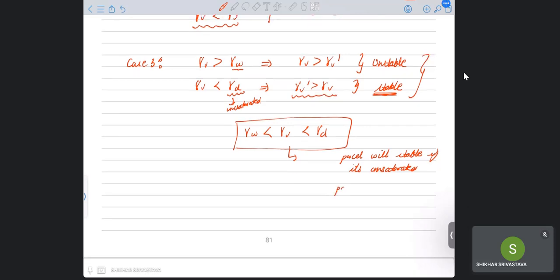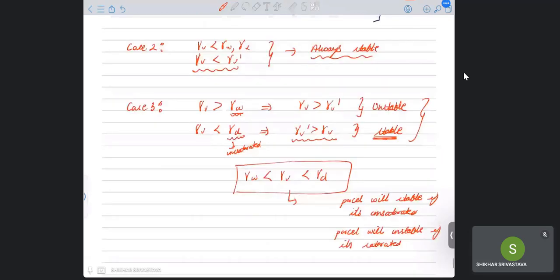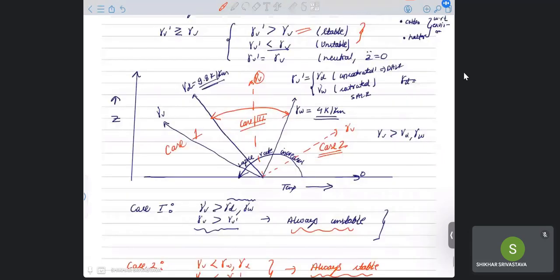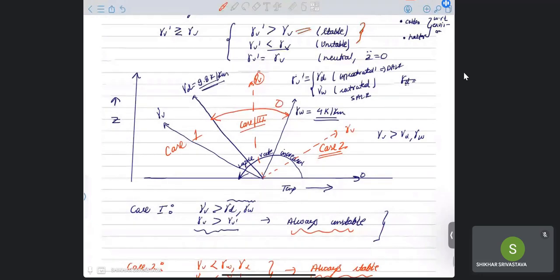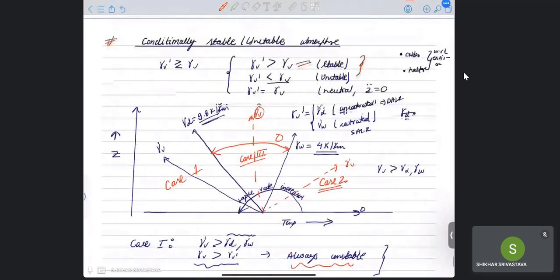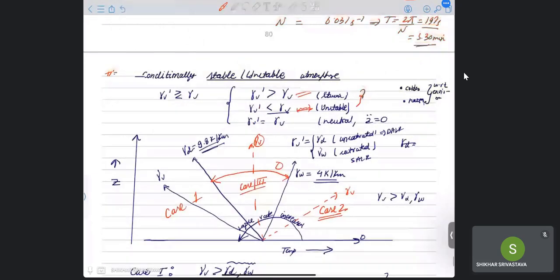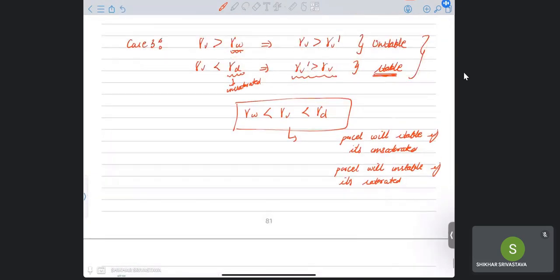And the parcel will be unstable if it is saturated, because then it will follow gamma W, and we know that gamma V greater than gamma W means unstable. So this is called conditionally stable or unstable.